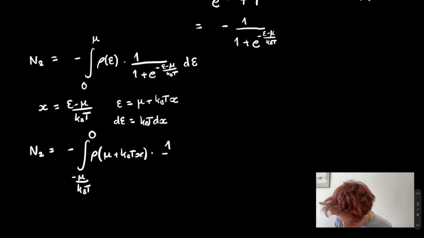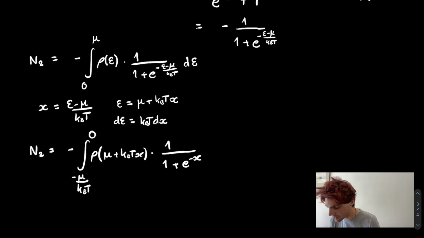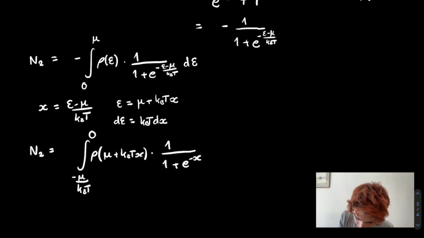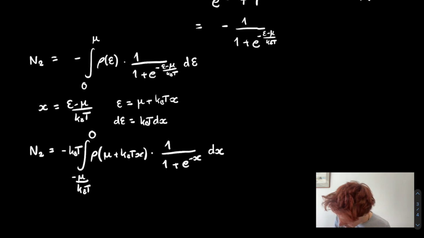The reason we've done this is to get this Fermi distribution looking a little nicer. So we're simply going to get 1 over 1 plus e to the minus x, using the substitution. And as for d epsilon, we're going to get a factor of kBT, just like we've seen before, so we'll bring that out the front, and there's going to be dx.